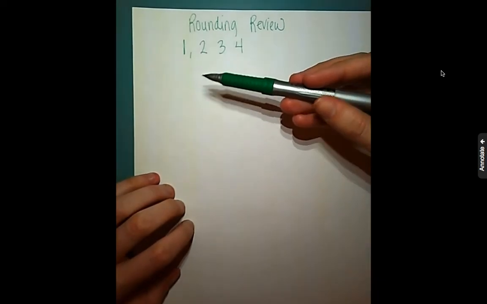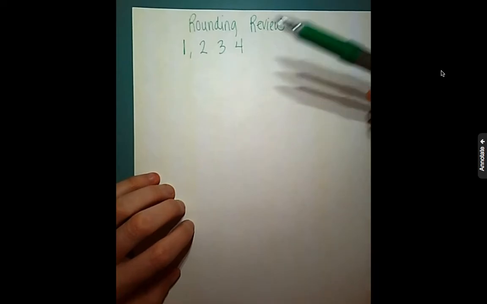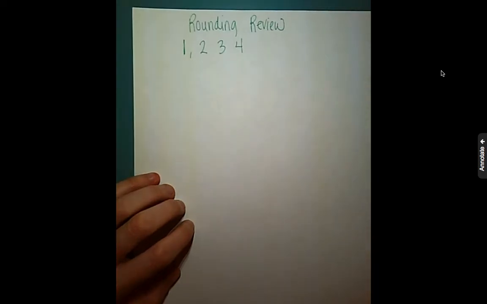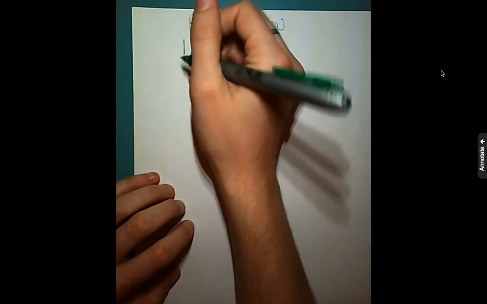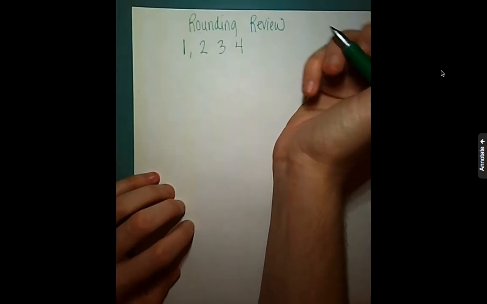So I have 1,234 here. What I'm going to do is I'm simply just going to label what place they're in.